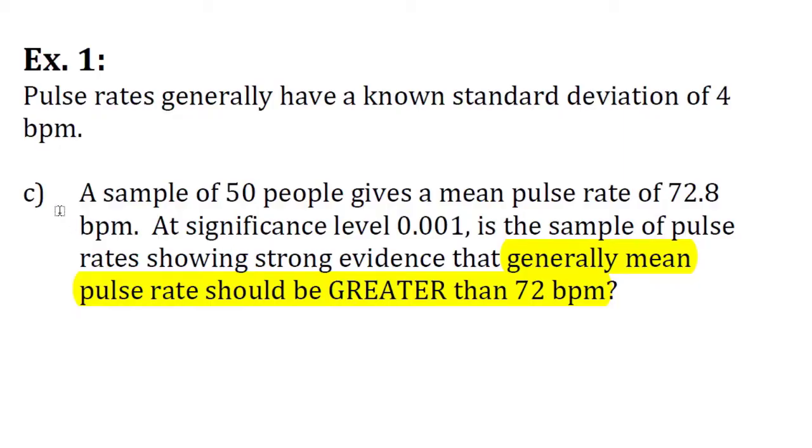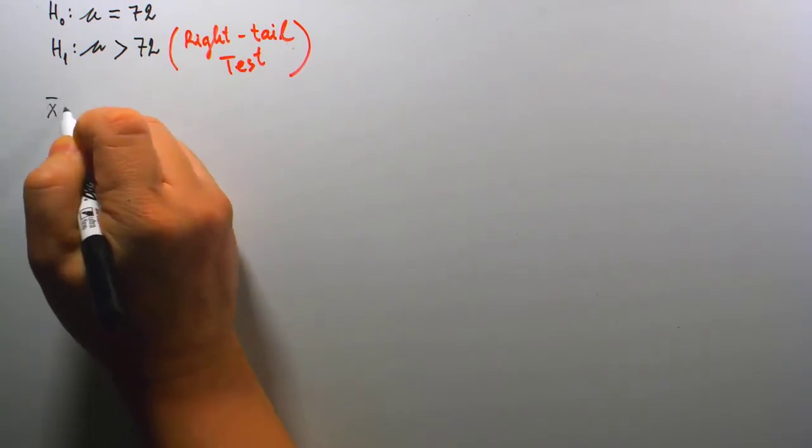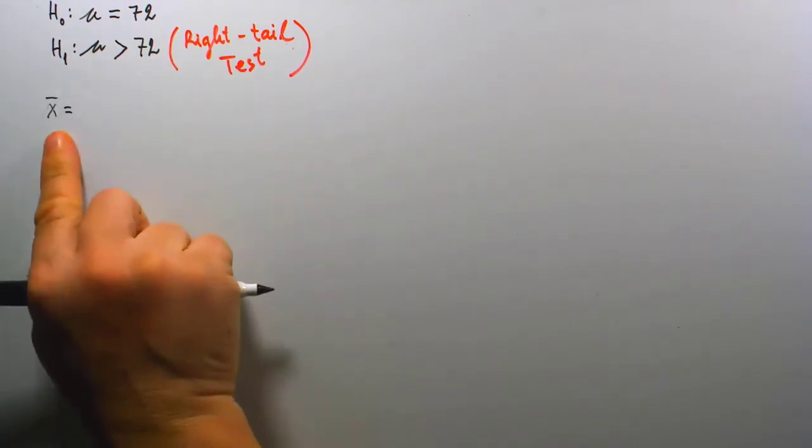And so again, back on the computer screen, the beginning of our question in part C says a sample of 50 people gives a mean pulse rate of 72.8 BPM. That means we have a sample mean. This time, unlike the sample means we used for the first two example questions, our sample mean is switched to a different sample.